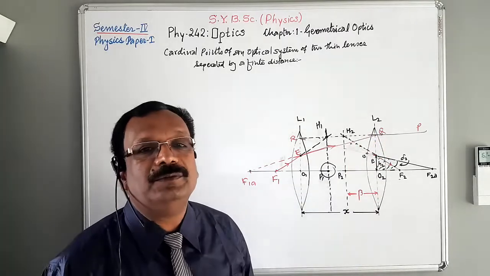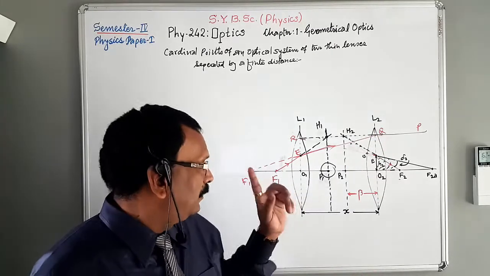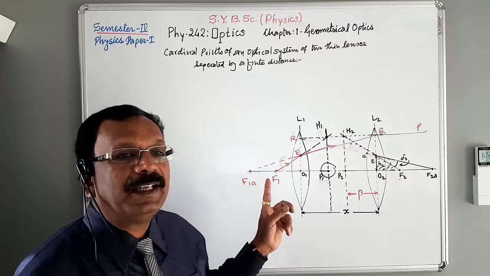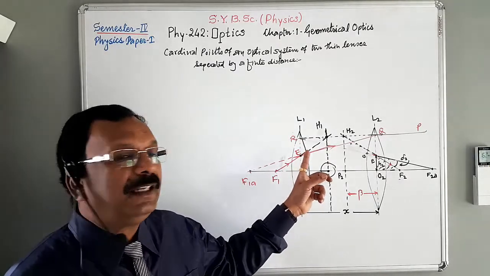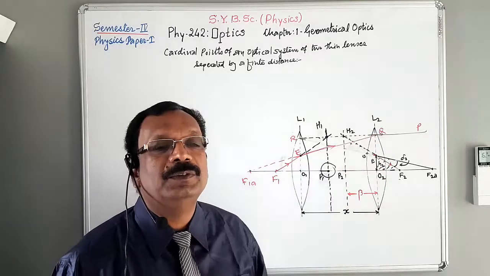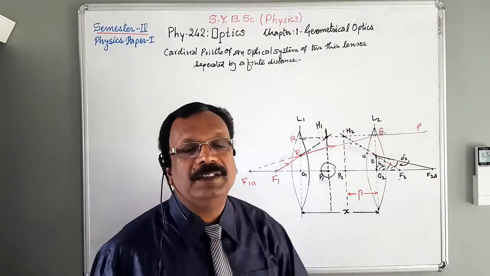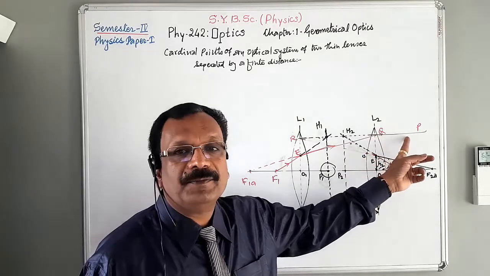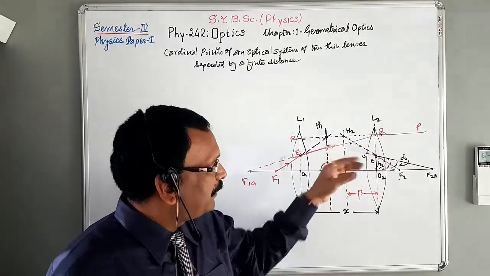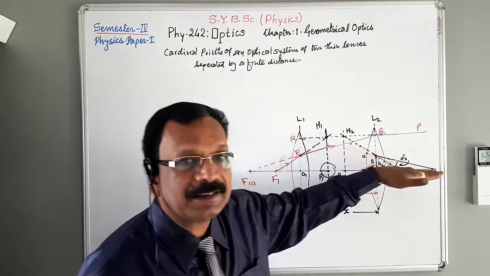So in a single sentence we can say that the ray F1E after refraction through L2 travels along QP. Now the final emergent ray QP is always parallel to the principal axis.